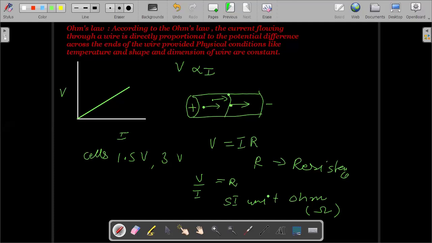Anyone else can try? Moksha, can you try to state when the resistance will be 1 ohm? No, sir.